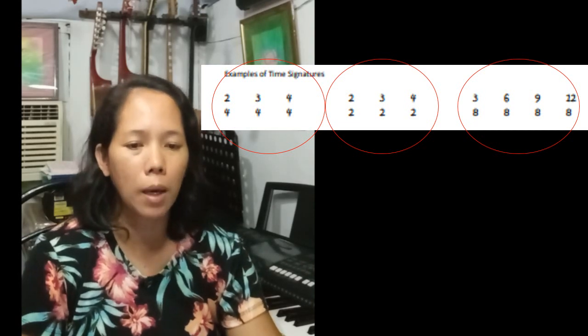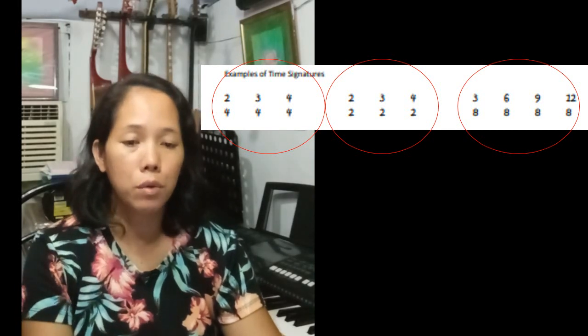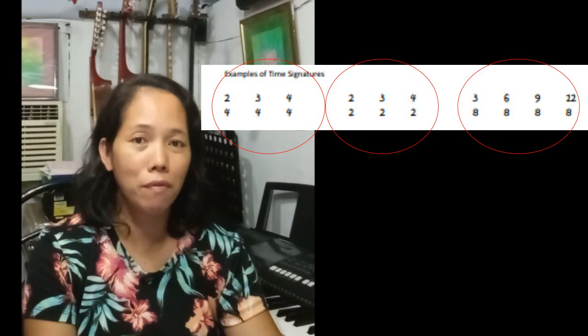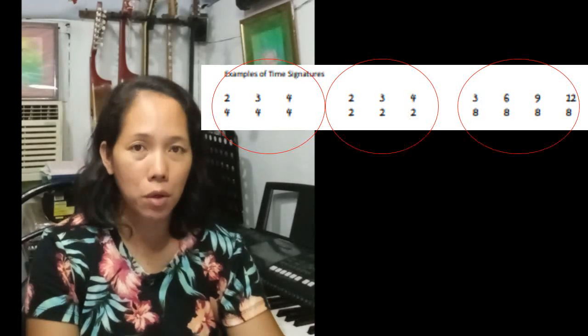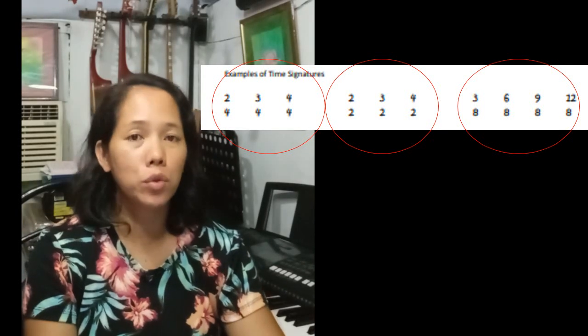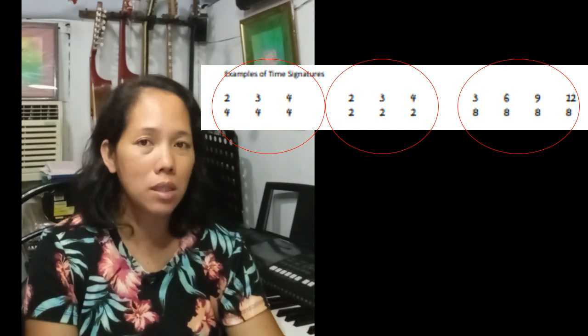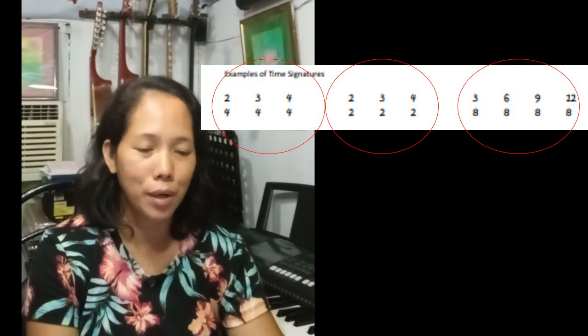Of course, in all of them that you see, the top number would give you the idea of how many beats per bar of music there are in your piece. But as to what kind of note is our basis for our 1 count will be dictated by the lower number.